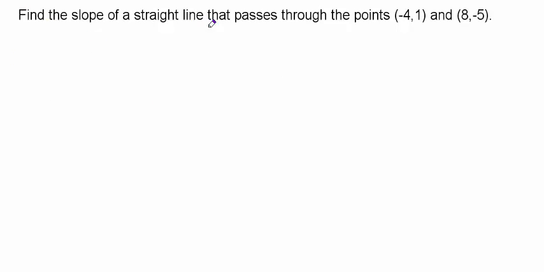Find the slope of a straight line that passes through the points (-4, 1) and (8, -5). So we are just going to apply the slope formula that says that slope is equal to y2 minus y1 over x2 minus x1. Slope is also called the gradient.